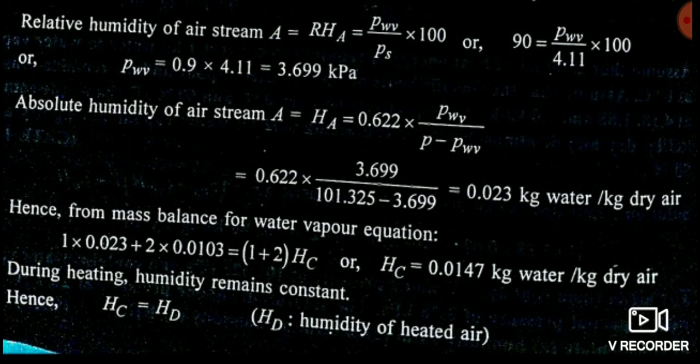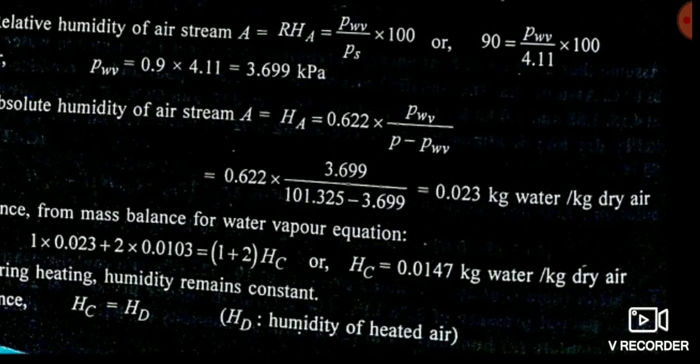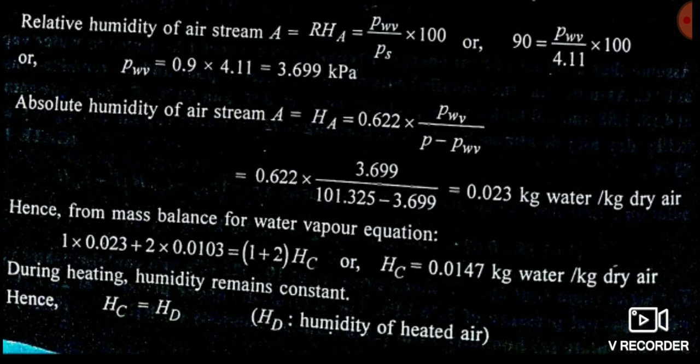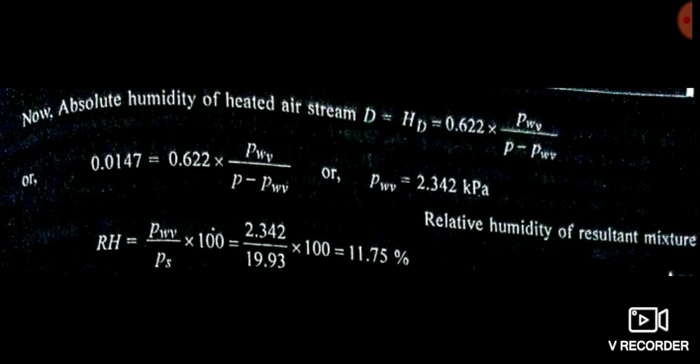You remember it clearly, that during change of temperature, the humidity of air remains constant, meaning temperature change has no effect on the humidity of air. You have to remember this concept. That's why, friends, here the mixture humidity at 30 degree is equal to the mixture humidity at 60 degree, that is HC is equal to HD is equal to 0.0147.